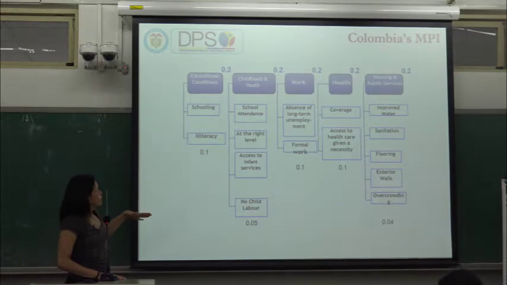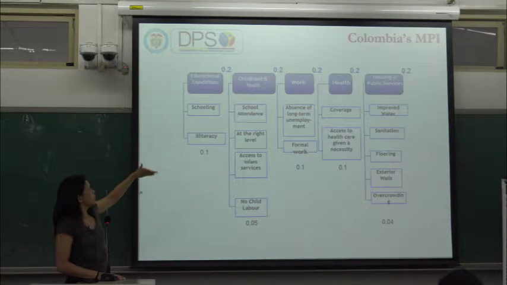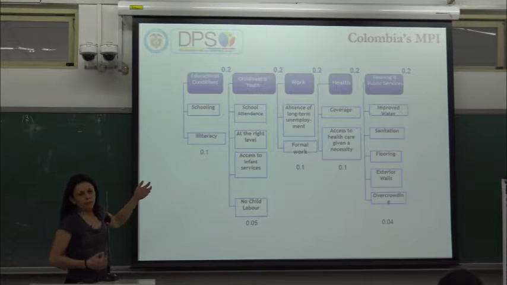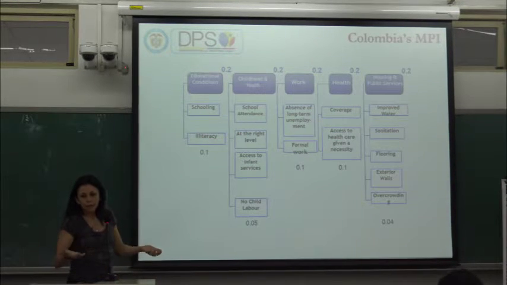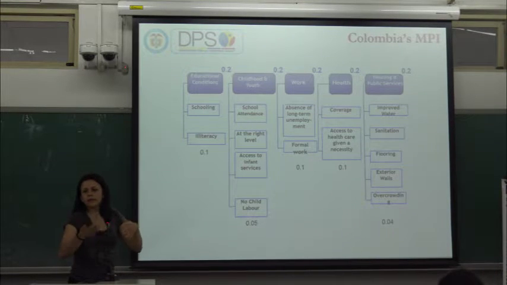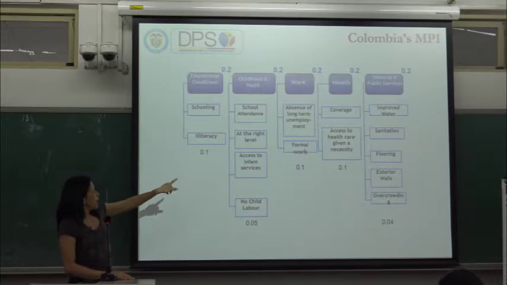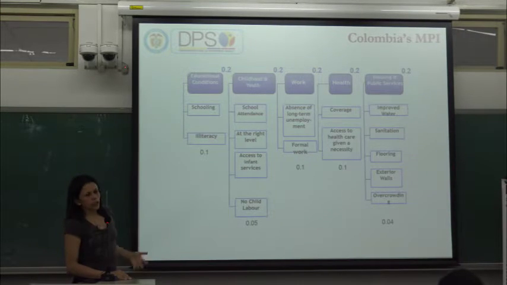So we have the dimension like education that has schooling and illiteracy. We have the dimension of childhood and youth, that is school attendance at the right level, being in school but at the right level. So if you are in a year that doesn't correspond to your age group, you will be deprived. Access to infant services and no child labor.